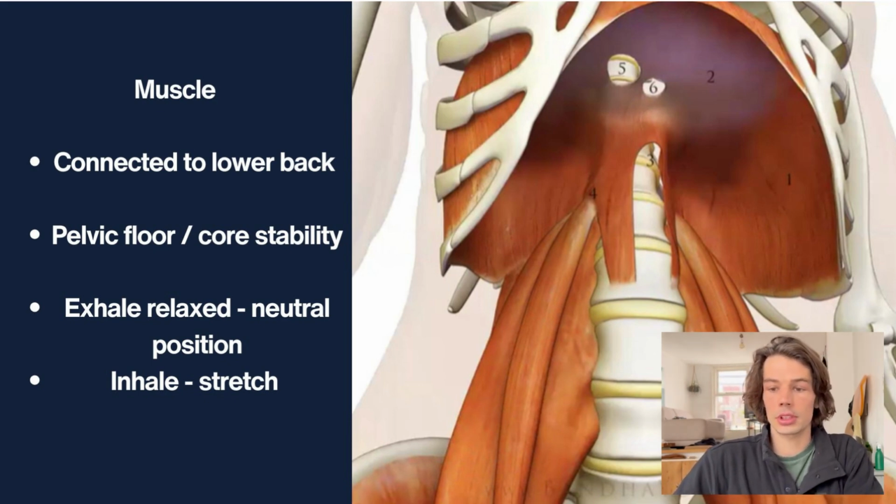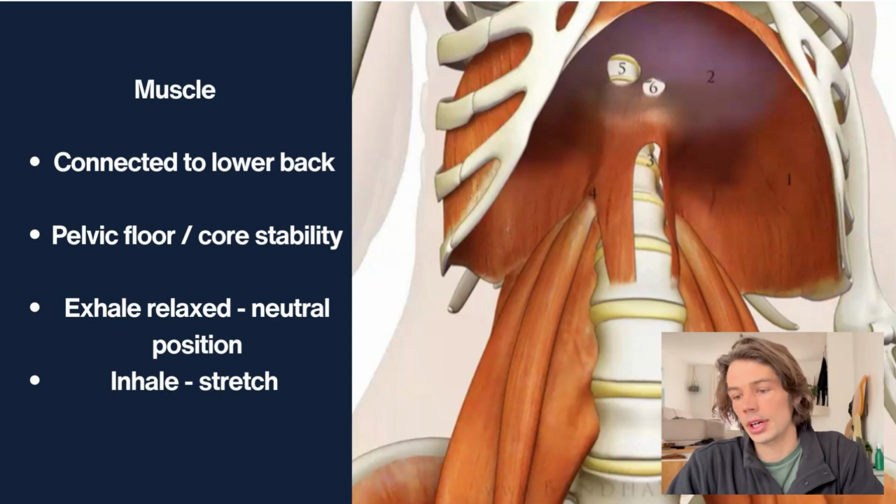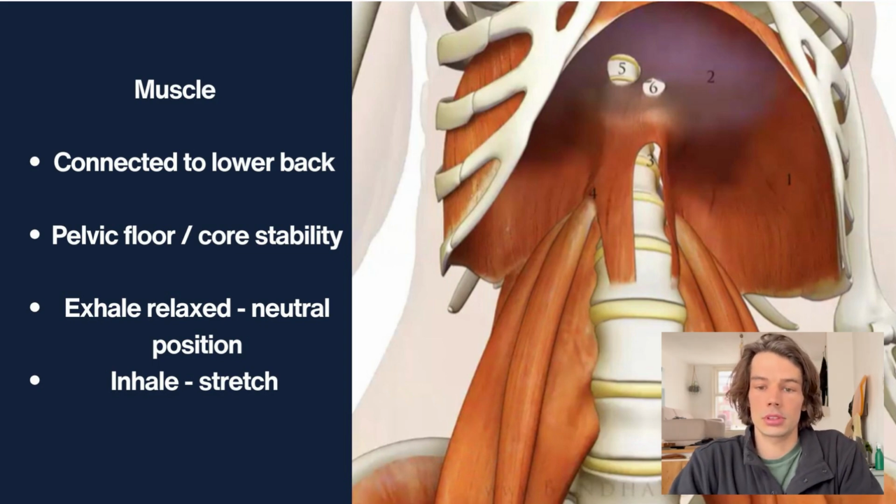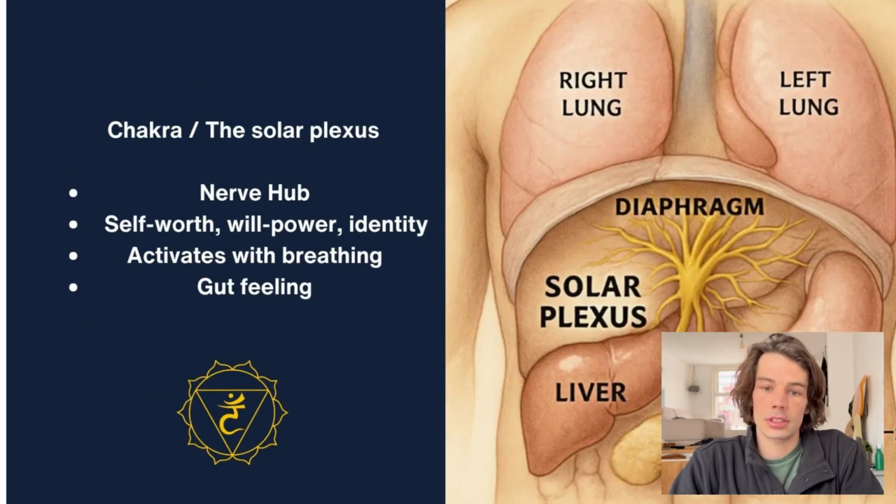So now we're going to talk a little bit about why it is that people have a hard time with their diaphragm. So underneath the diaphragm there's the solar plexus chakra, and there's also a nerve hub. So this area is very sensitive. For example, the vagus nerve also goes there, and the vagus nerve communicates your bodily sensations to your brain and to your mind.